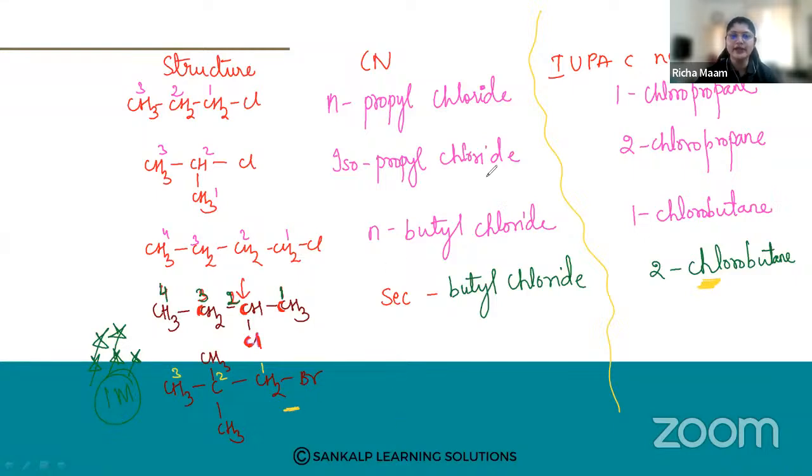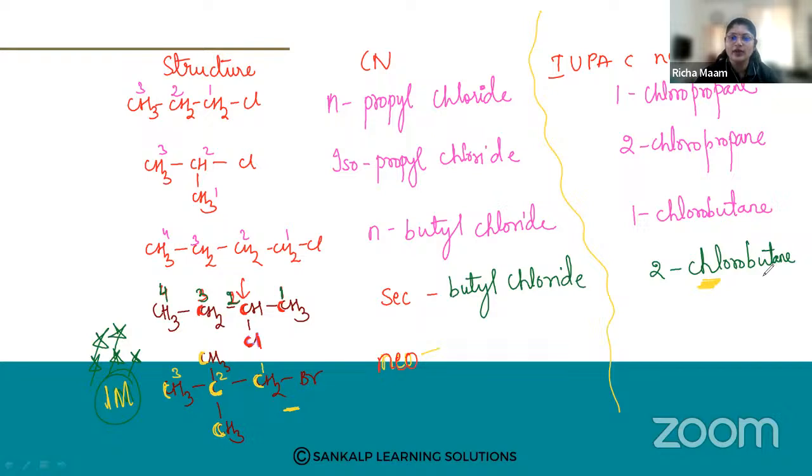Let me tell you the common name. Whenever the carbon atom is attached to 4 carbon atoms, the prefix will come as neo.